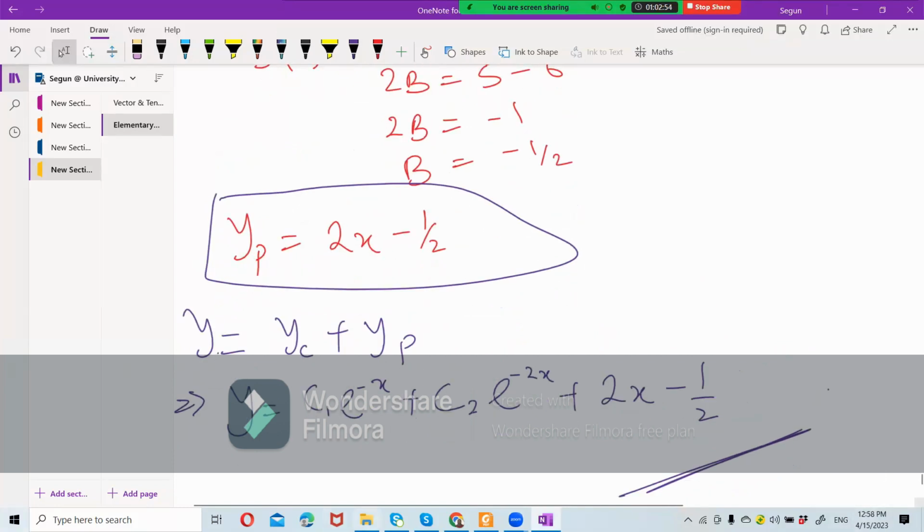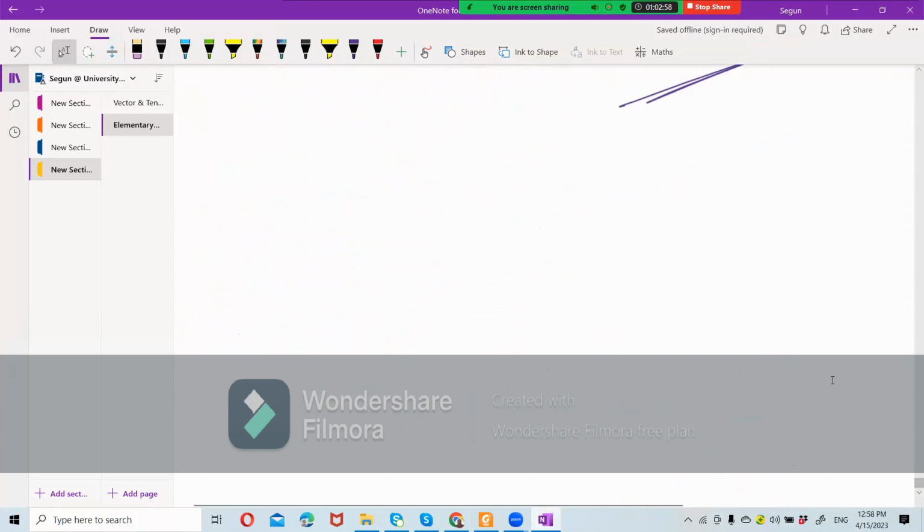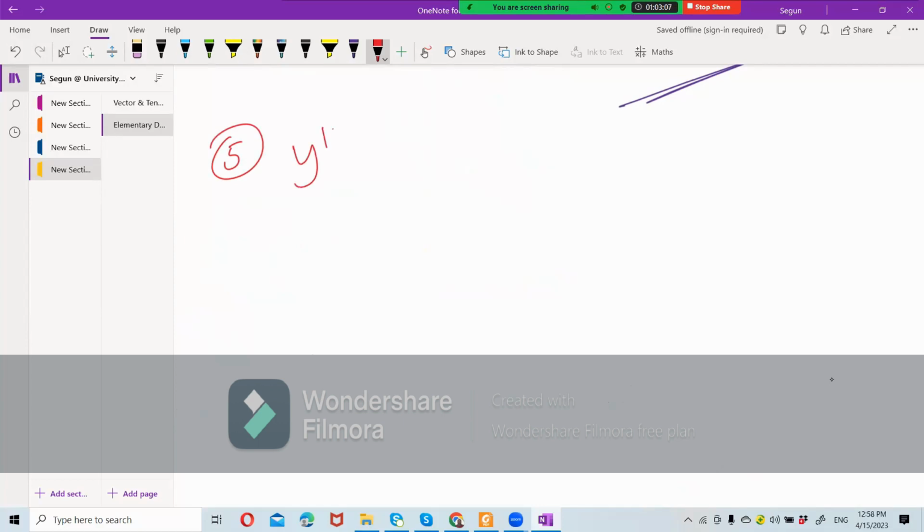now I'm just trying to solve an example of each of the areas they can ask you questions on. So let's look at number 5 now. Y double prime plus 3y prime plus 2y equals 2x squared plus 4x plus 5.